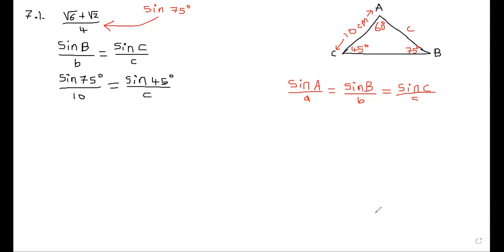And do you remember the special triangles? We have 30, 60, 90. Opposite the 30 is a 1. Opposite the 60 is a root 3. And opposite the 90 is a 2.